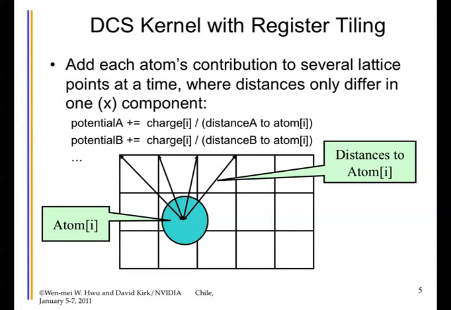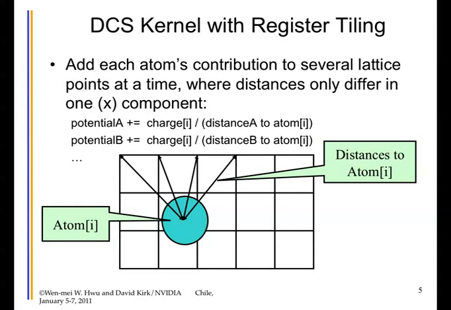Okay, so let's talk about the direct Coulomb summation kernel with thread coarsening and register tiling. Essentially, the kernel, if you remember from yesterday, is calculating the contribution of all the atoms to all the potential grid points.